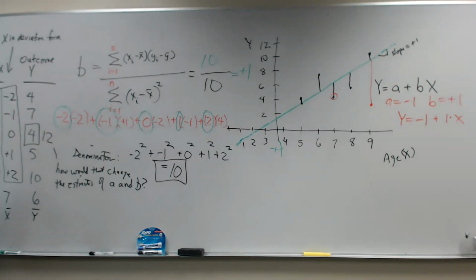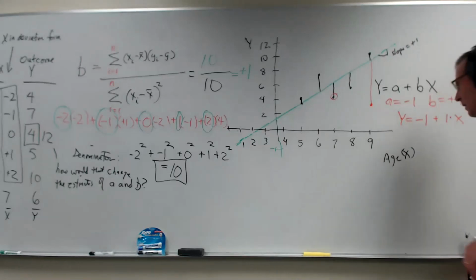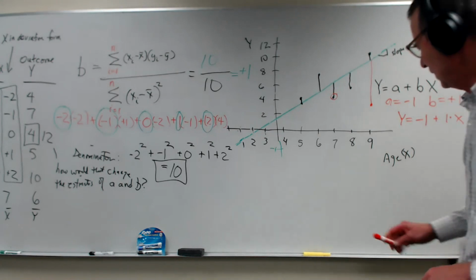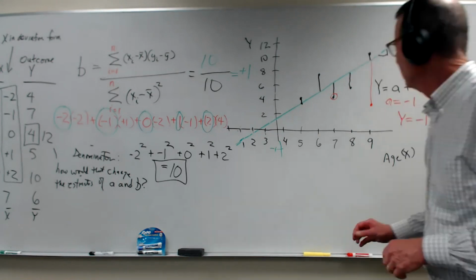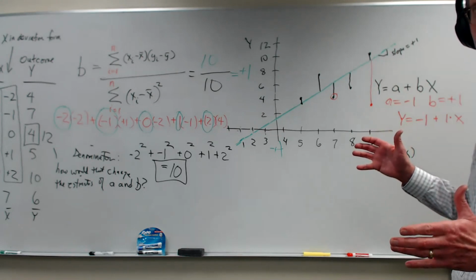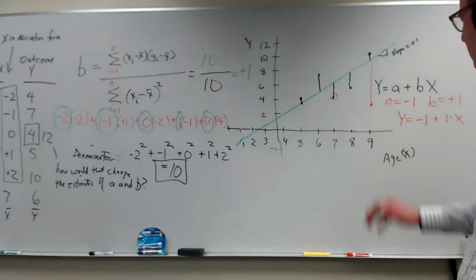So, bottom line is that a regression equation is fitting the best line, and it's fitting that in a way that's going to be quite sensitive to outliers, observations toward the ends of your x variable.